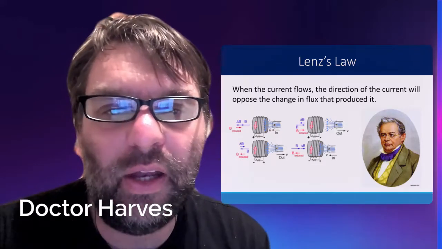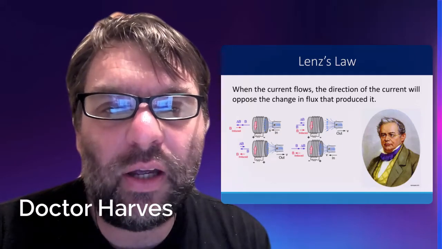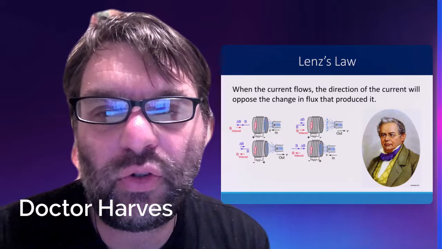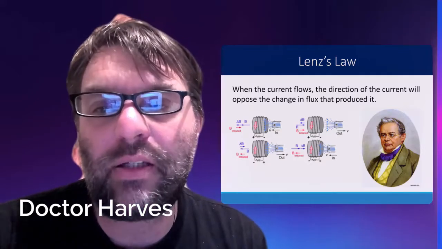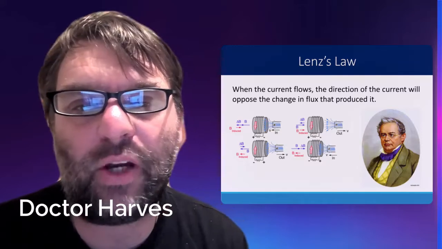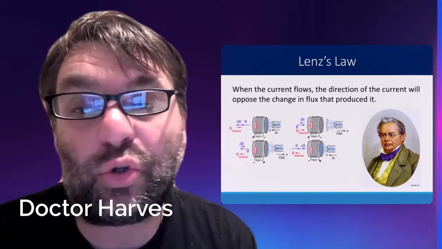If it's moving in, it's going to increase the strength. Moving away, it'll decrease the strength of the field, but the currents will be in opposite directions, induced through Lenz's law.